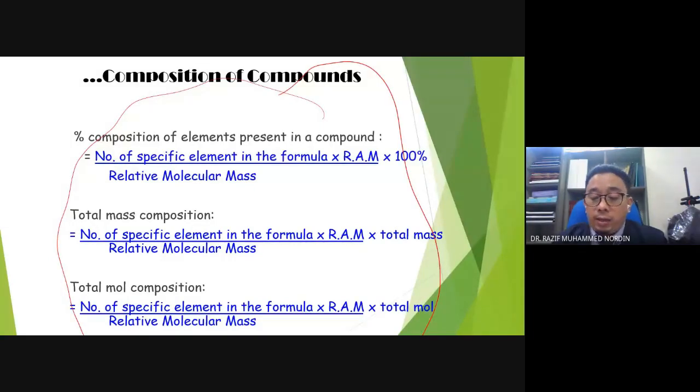Ini formula yang you perlu familiar with lah. Familiarize ya. Or you nak hafal ke atau buatlah sesuatu dengannya. Number of specific element in the formula times the relative atomic mass times total mole divided by relative molecular mass.